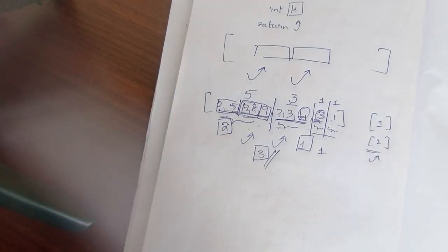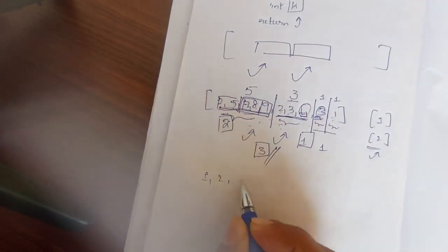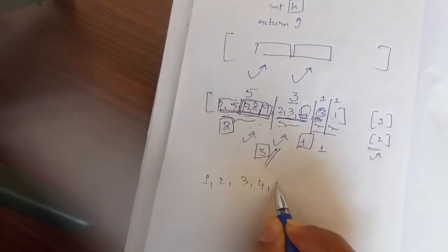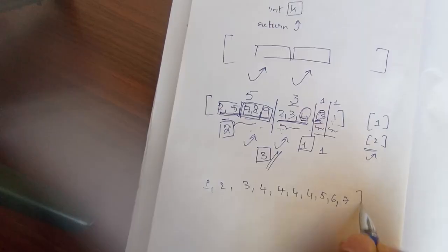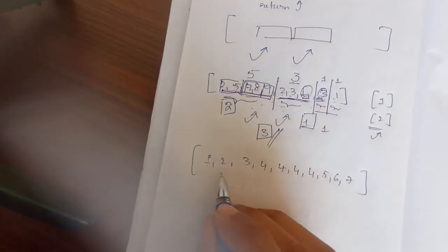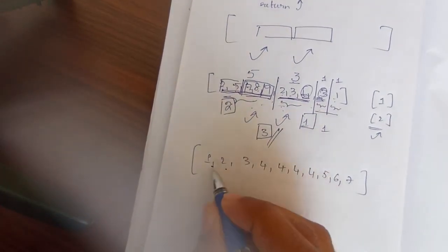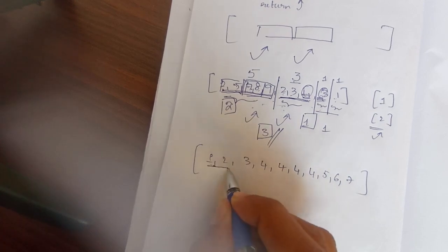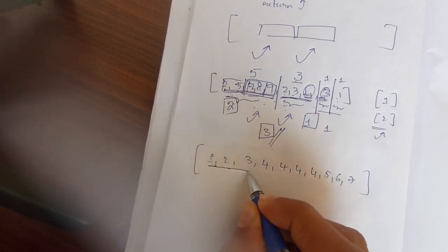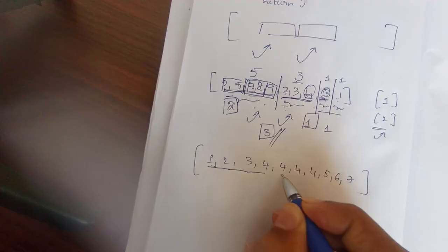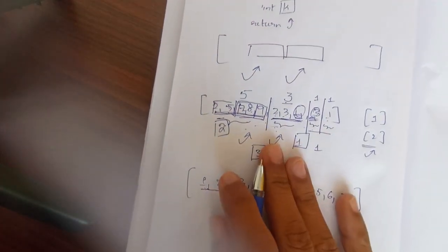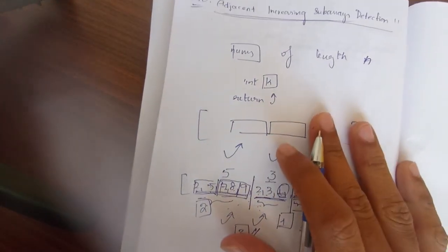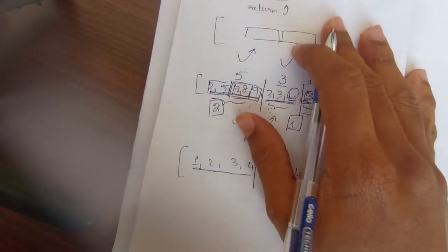If we go to the next example, 1 2 3 4 4 4 4 5 6 7. Here we have 1 to 2 is increasing, and 3 increasing, and 4. But when we go to another 4, it is not increasing because the subarray should be strictly increasing.